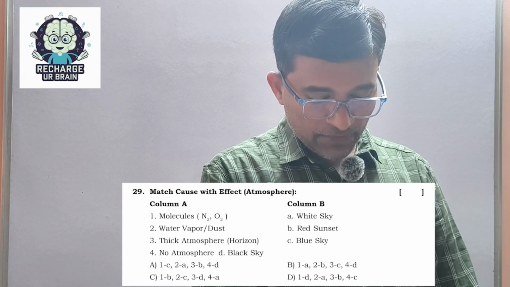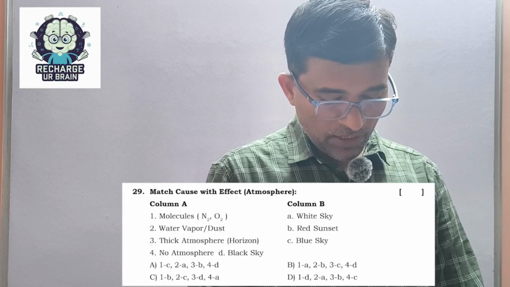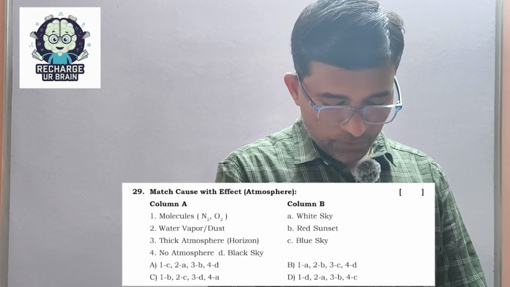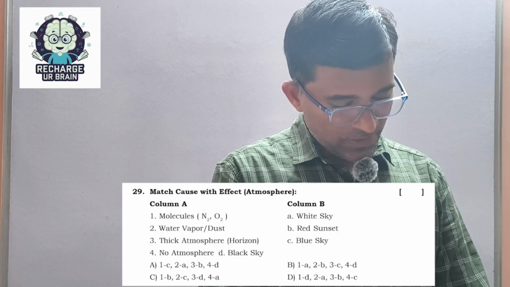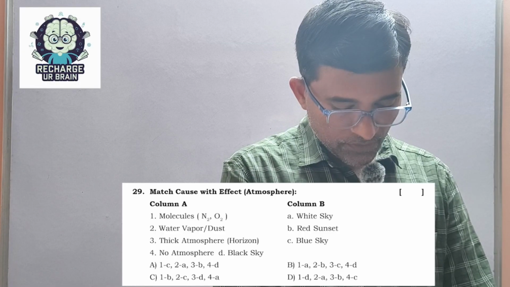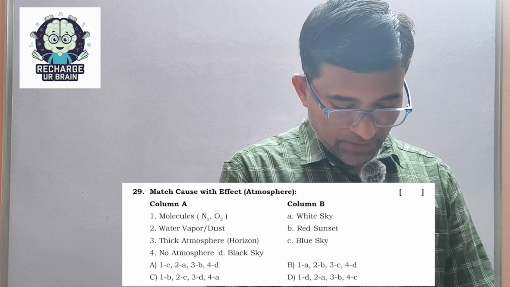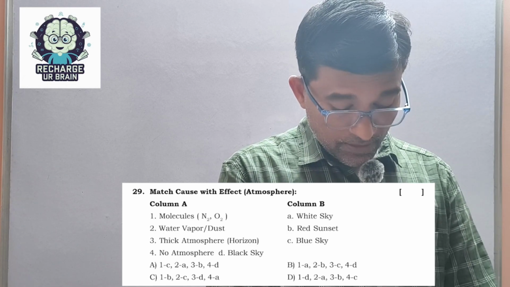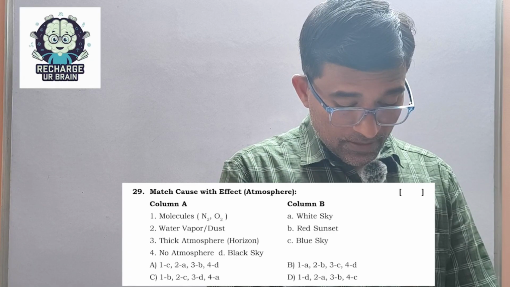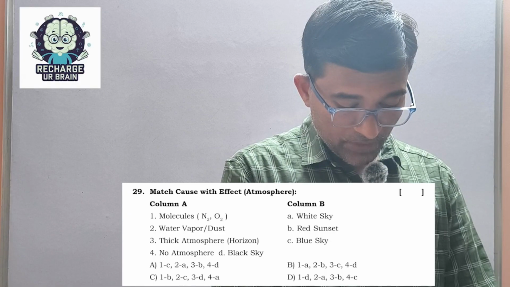And now the 29th one, match cause with effect, atmosphere. Column A, column B. In this we have molecules N2 and O2 responsible for blue color sky. Next, water vapor and dust are responsible for white sky.